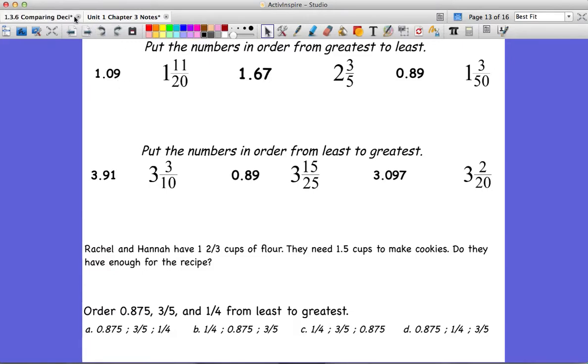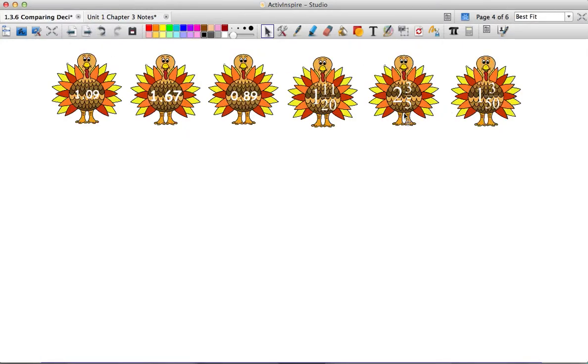You'll notice that you have fractions and decimals here, and you need to decide if you want to change the fractions to decimals or the decimals to fractions. In this case, again, my denominators show me that it's easier to change the fraction to a decimal because the denominators are nice and easy to work with.